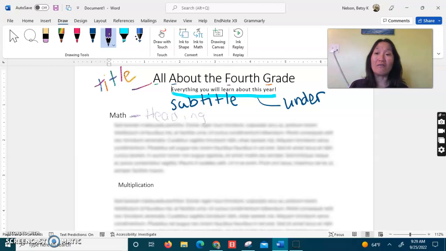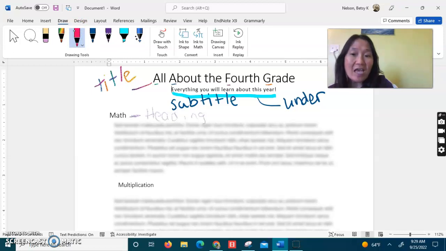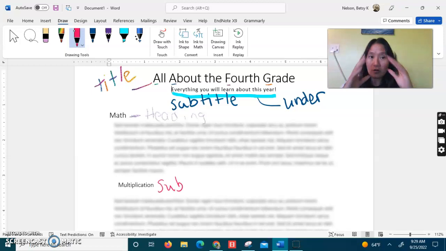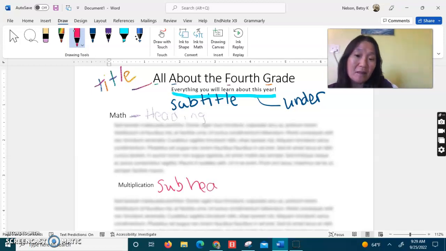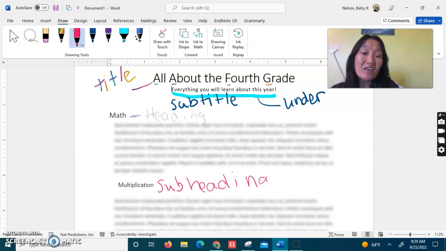Then, underneath of math, usually, my friends, you start getting more specific. Well, what about math? Then you get a subheading. A sub, again, means under. So underneath the math topic, we're going to have a subheading, and it's going to talk about specifically multiplication.